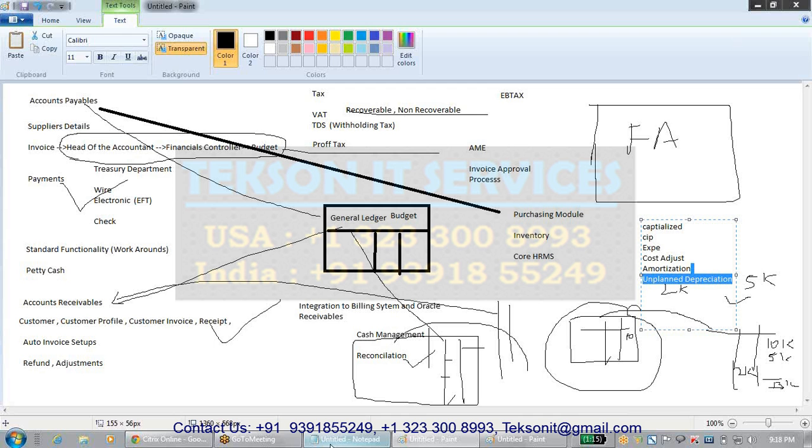Suppose the government is saying that depreciation should be done every month. Okay, every month depreciation has to be shown. This is a planned way of depreciation. But unplanned depreciation is nothing but suddenly, suppose you started the company in a remote area where there is no proper infrastructure, no proper facilities.